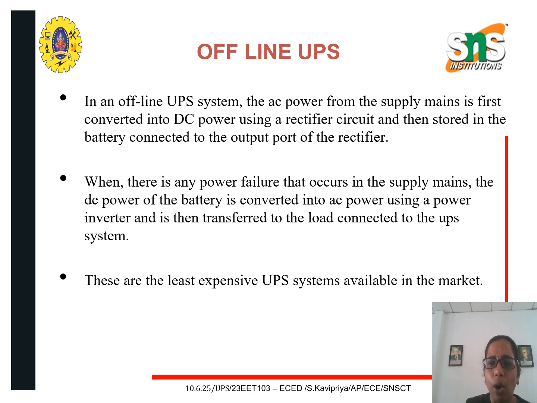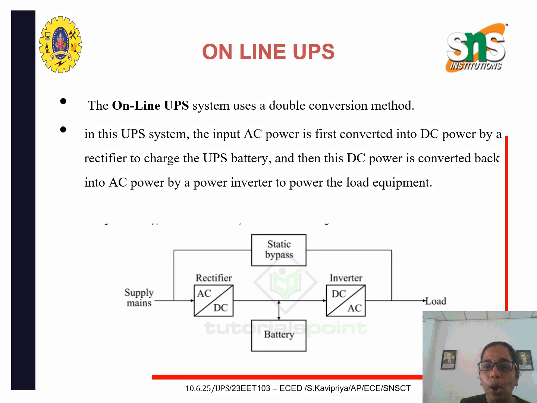And next is the online UPS. The online UPS has an extra block called a static bypass, and it has a double conversion, so we also call it the double conversion method. First, the main power is converted to DC and stored in the battery, and it is converted to AC and supplied to the load.